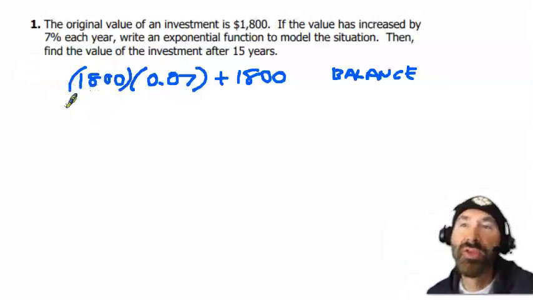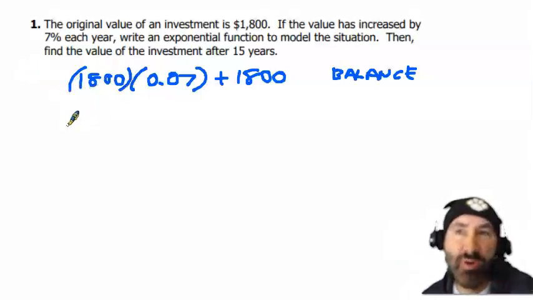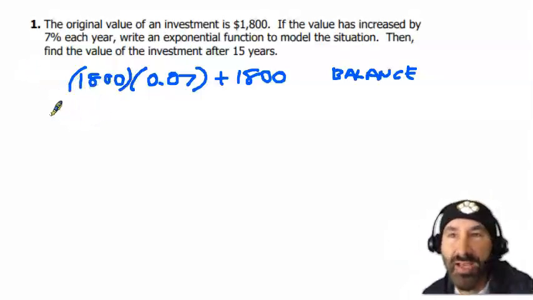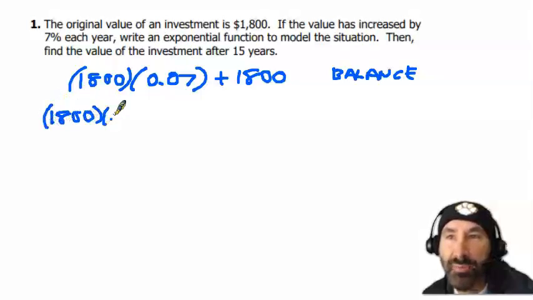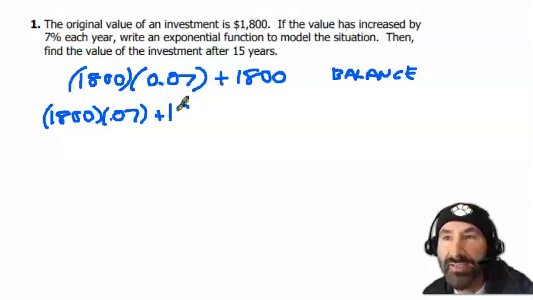Now, the thing that's kind of a bummer is to figure out what the balance is going to be at the end of the second year. So at the end of the second year, we're going to have 1,800 times, I'm going to abbreviate 0.07 because there's going to be a lot of writing here, plus 1,800.